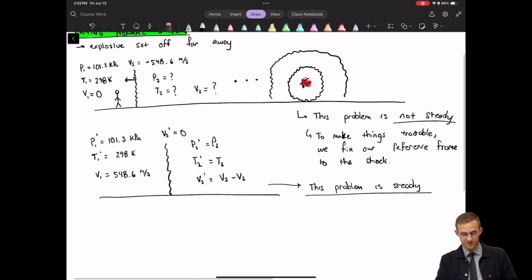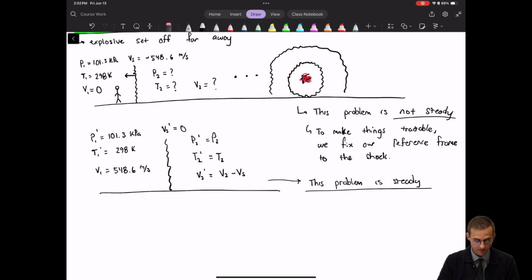So the first thing we want to do is find the speed of sound in the upstream, or before the shock passes. So first, find A1, which is going to be the same thing as A1 prime, since it depends on just the static temperature, which is the square root of gamma R T1, which equals, in this case, 346 meters per second.